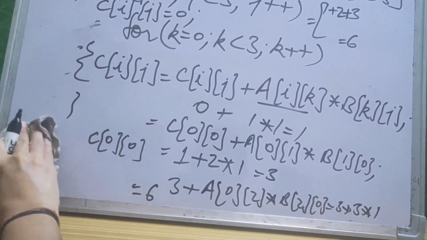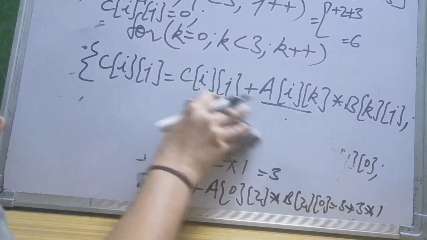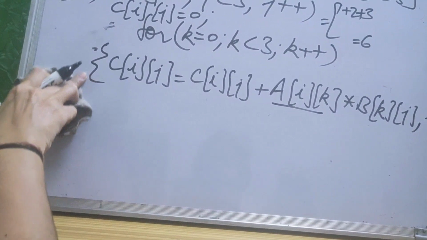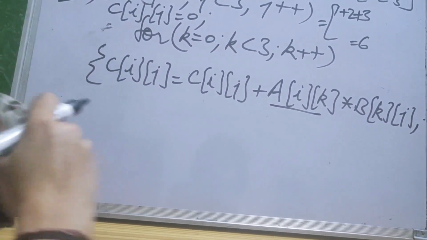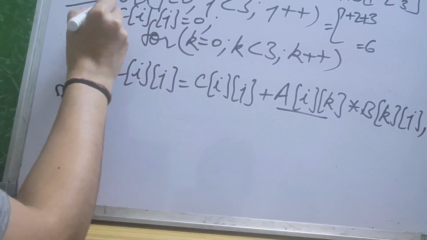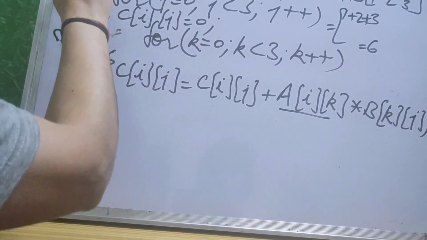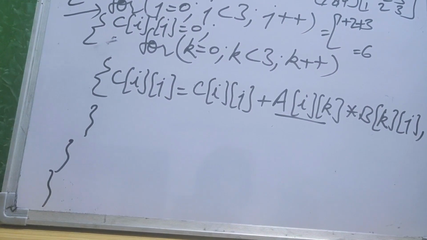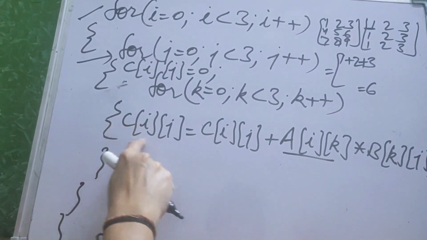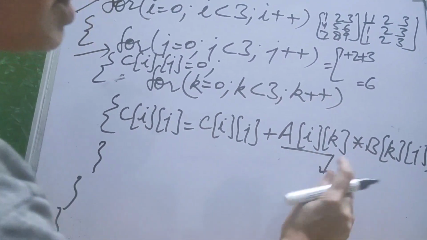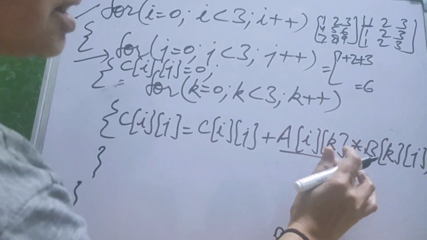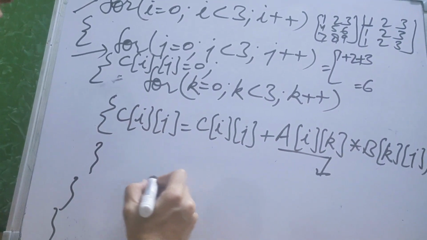So this is the matrix multiplication statement we will write as this one. For another loop, why are we writing a third loop? Because the index is changing for C00 itself.